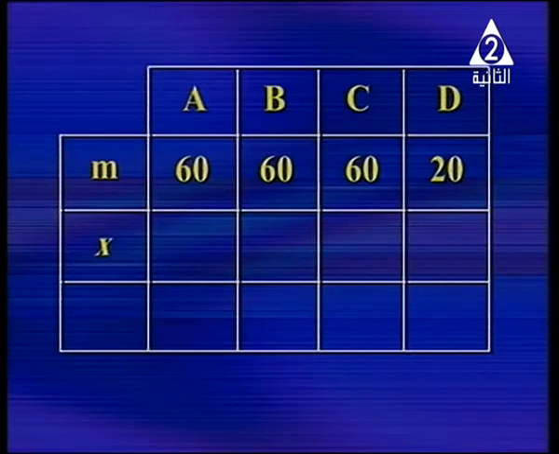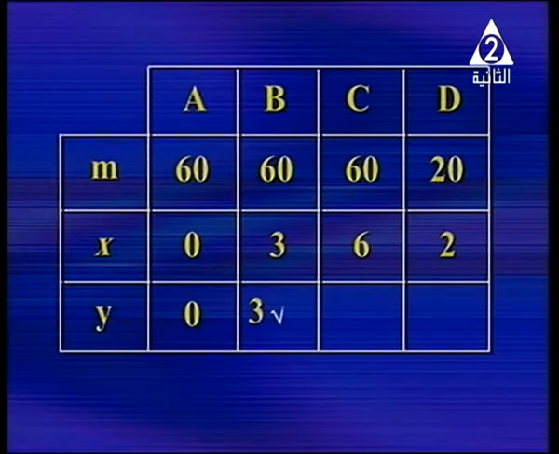What is the x coordinate? At A it is 0, B is 3, C is 6, D is 2. What is the y coordinate? At point A it is 0, point B is 3 root 3, point C is 0, and point D also equals 0.